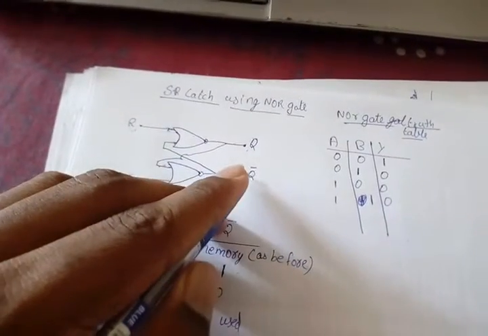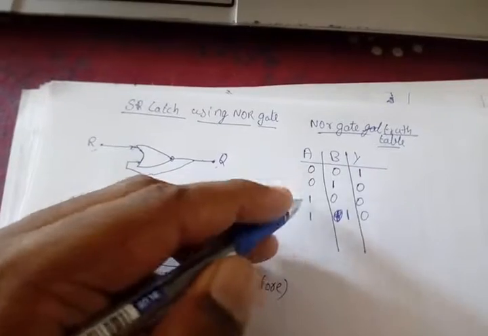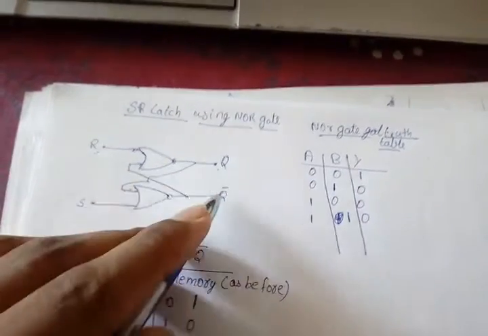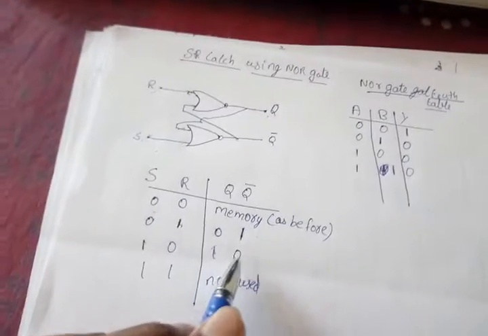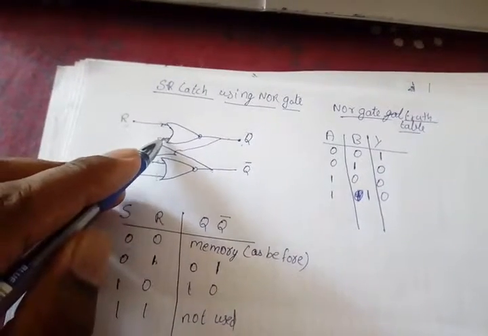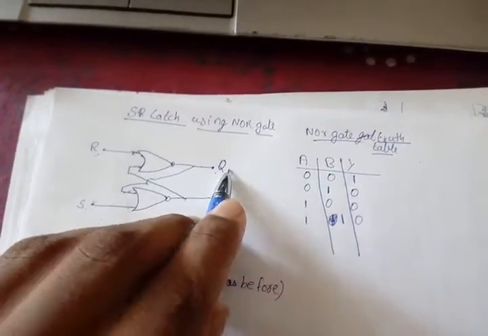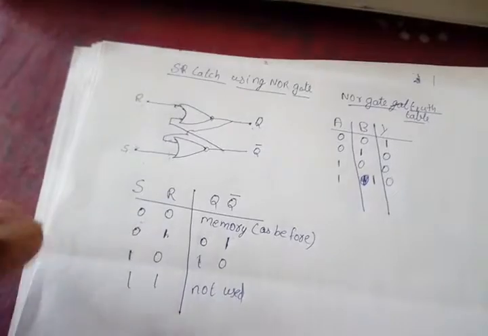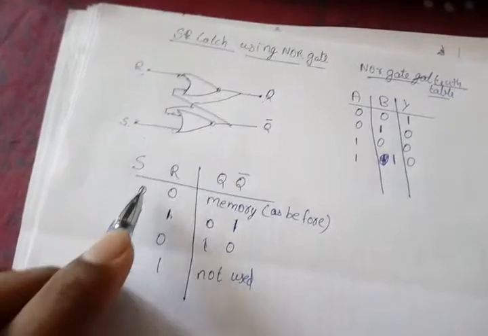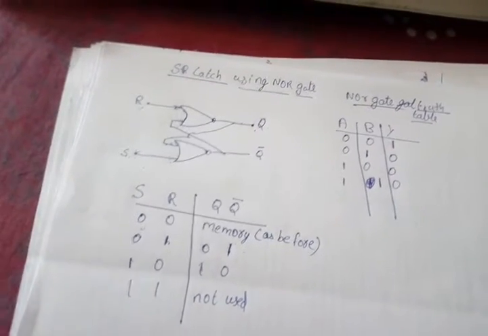Thus one of the inputs is 1, so the output will be 0. Thus Q bar will be 0. Here it will be 0 and R is already 0. Thus when both inputs are 0, the output will be 1. Q is 1. That is, if we give input 0 0, the output will not change. Output remains as it was before.